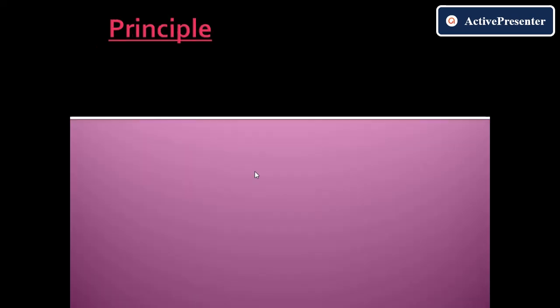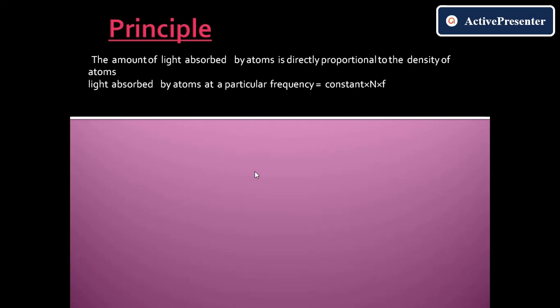Next, on what basis does atomic absorption spectroscopy work? The amount of light absorbed by the atoms is directly proportional to the density of atoms, which is nothing but the concentration of the element.